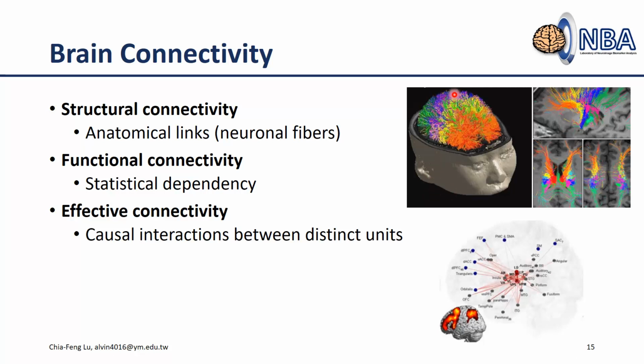And of course, tractography has several different approaches, like the deterministic one or a probabilistic one. But in this way, I just try to show you the general idea that you can really see the lines through different brain regions. We call these more like the neuronal fibers. And these fibers, we will say are more like the anatomical links or structural connectivity.